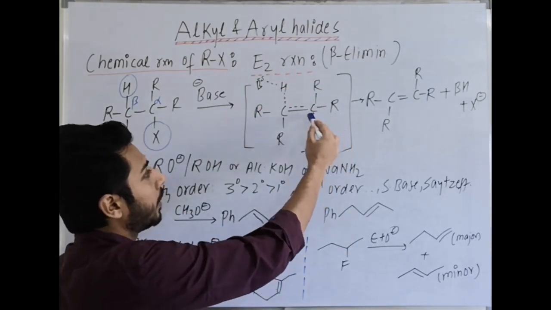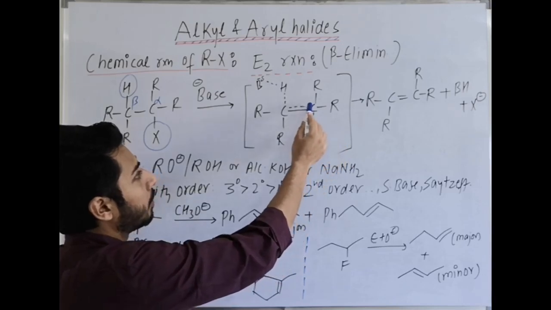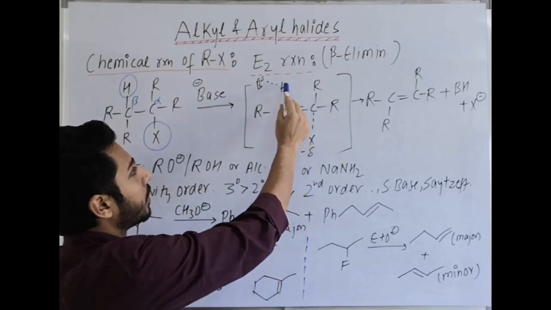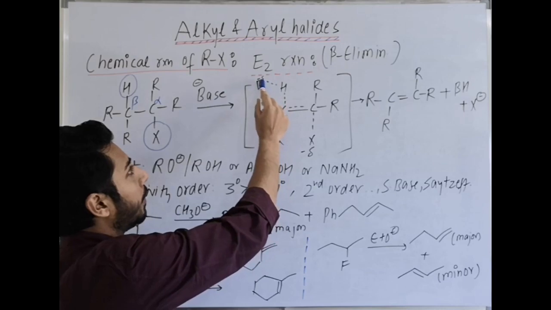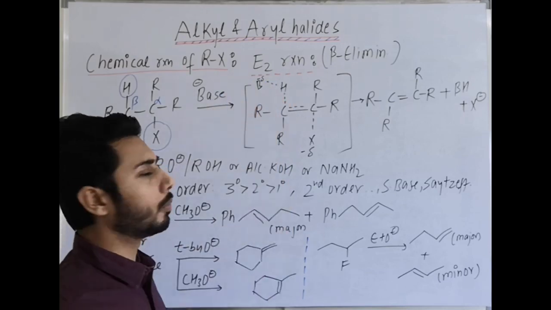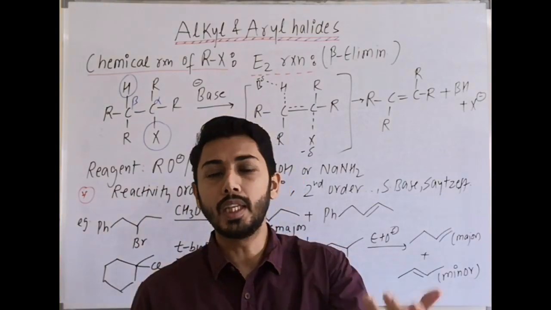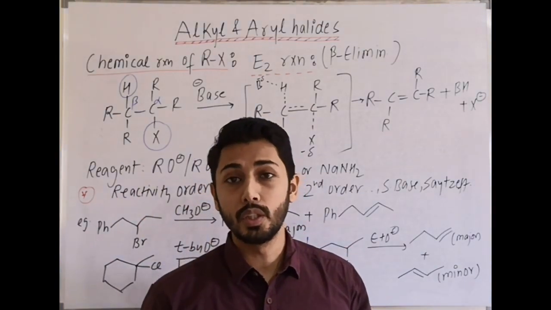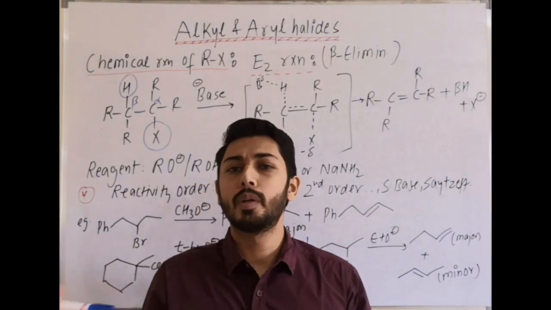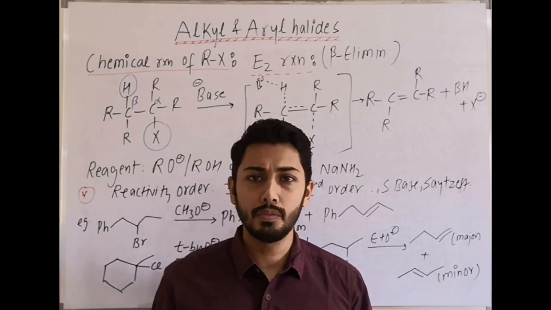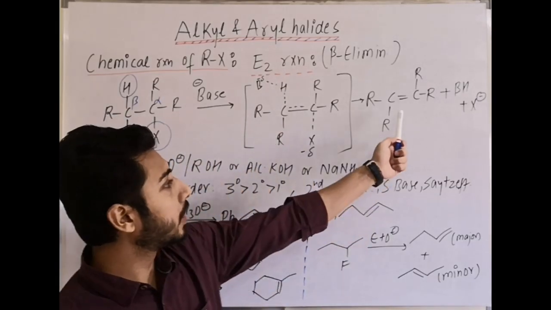Leaving group departing, partial bonds are present, the double bond is forming, the CH bond is cleaving, and base and hydrogen bond is forming. In short, from alpha carbon leaving group departs, from beta carbon hydrogen, and there is no rearrangement. Why? Because there is no carbocation formation. And finally we get alkene.